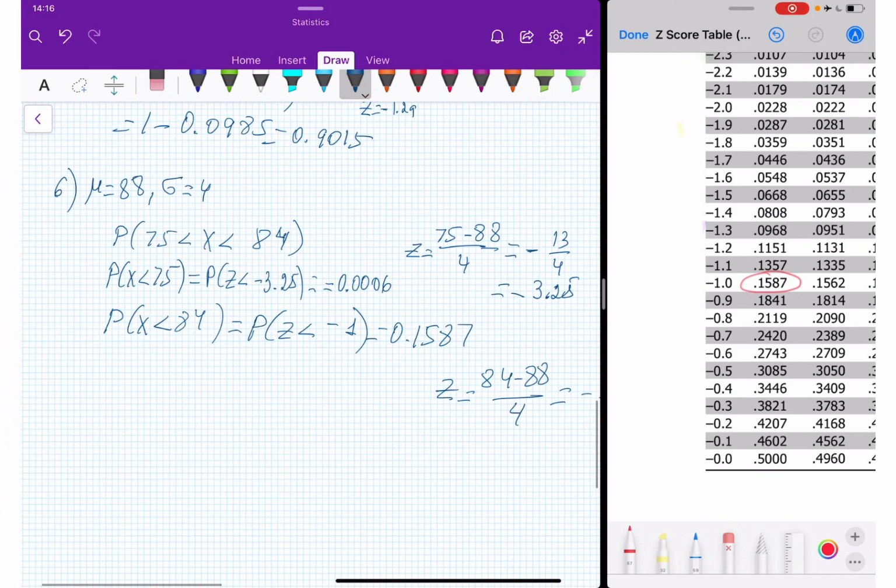All right, so which means probability for x is greater than 75 and less than 84 is going to be equal 0.1587 minus 0.0006.